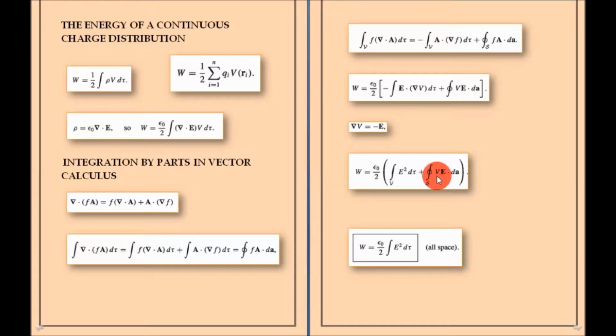Therefore, this product will go like 1 upon r cubed. But the surface area grows like r squared. Then the overall integral goes down like 1 upon r.